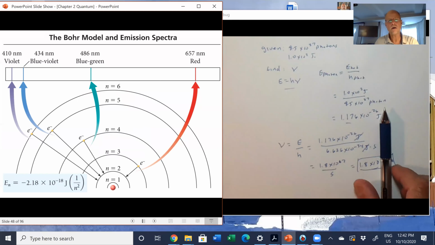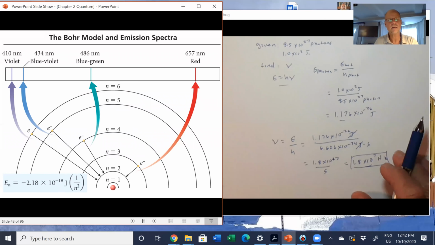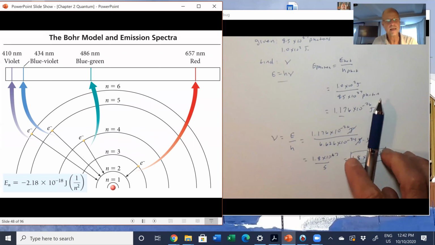Well, Niels Bohr came up with a simple model called the Bohr model. In the Bohr model, he suggested that the energy states of electrons in atoms were, again, quantized, right? They couldn't have just any old energy. They had certain energies and only those energies.